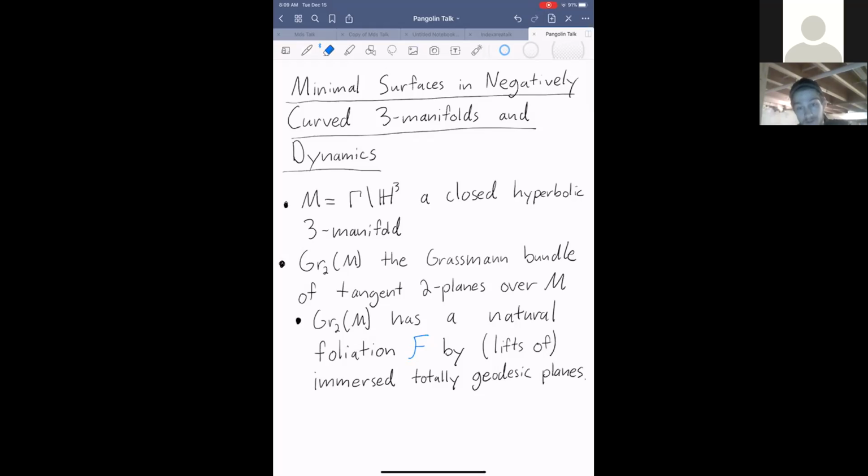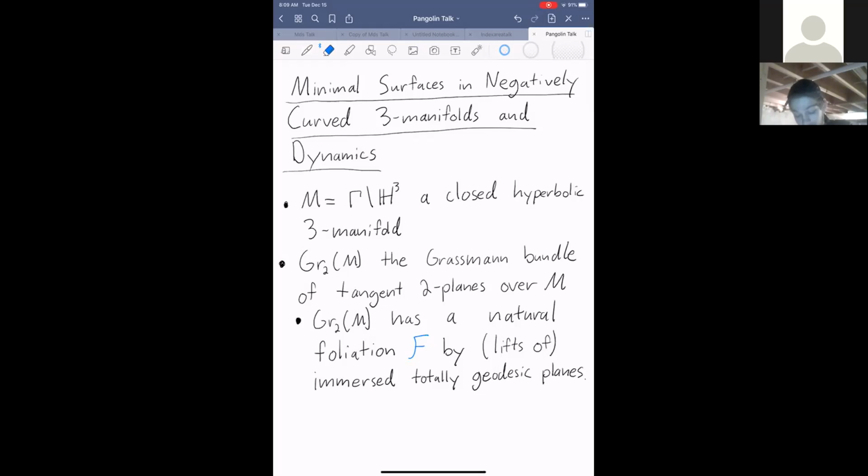That gives us an immersed totally geodesic plane inside M. In general it's going to be intersecting itself horribly, but you can lift it to this Grassmann bundle by taking at each point its tangent two plane at that point.